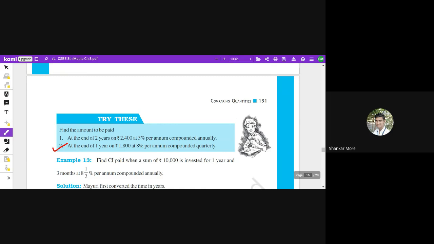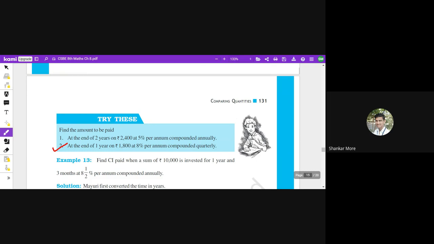No, no, Shlok, it's completely wrong formula, because this is for simple interest compounded annually. We are doing it quarterly now, right? So here R will be 2, not 8. R will be 2 and N will be 4 here, right? The value of N will be 4.